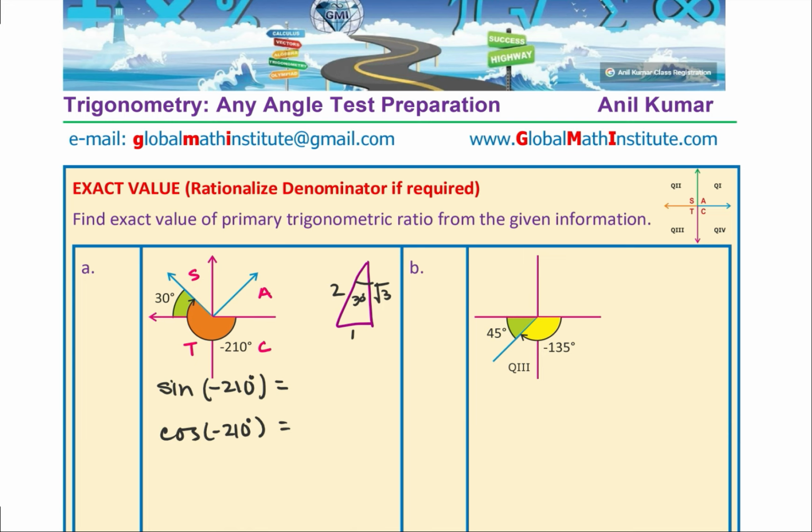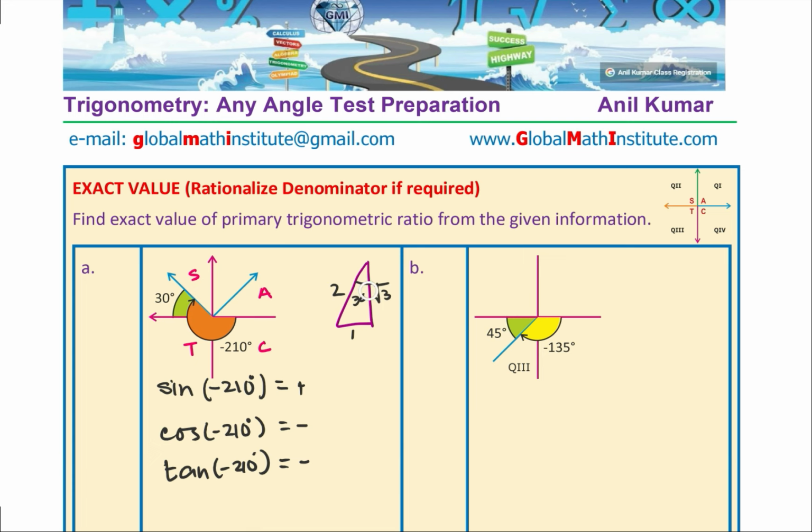How much is this equal to? Tan of minus 210 degrees. How much is this equal to? Right? That is what we need. Since we are in quadrant 2, we know this value is positive and the others are negative. You see how simple it is? That is how you should be working in all the questions which we have discussed so far. It makes things very simple.